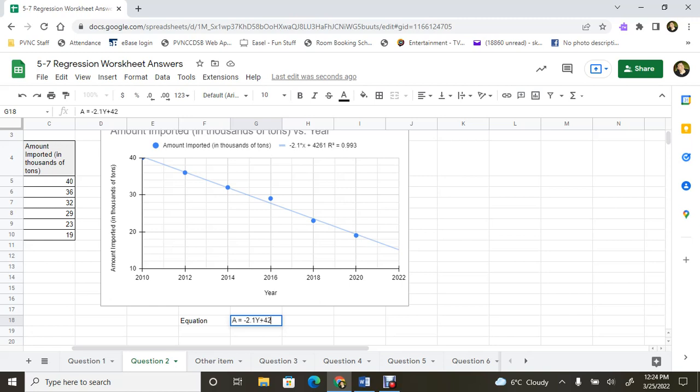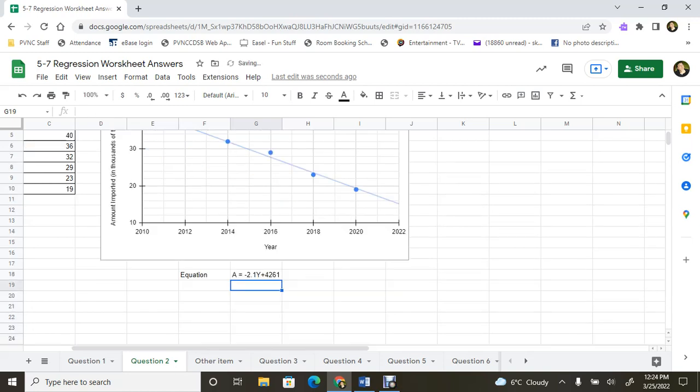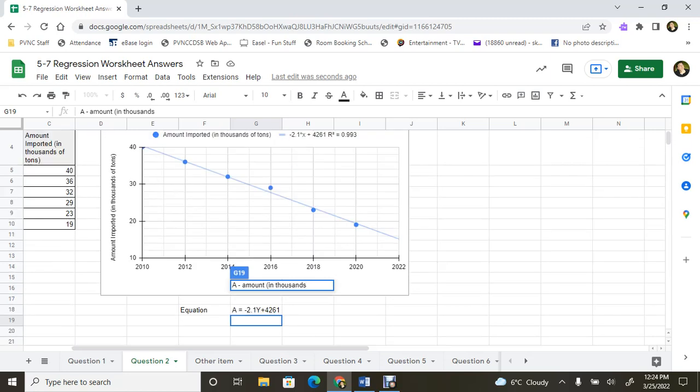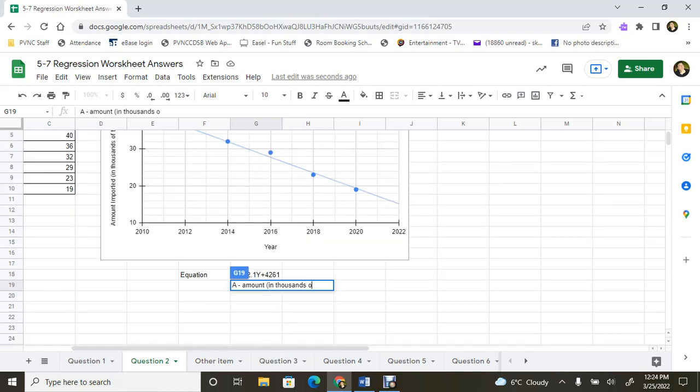And I'm going to tell the person what that is. A is the amount in thousands. Thousands of what? Thousands of tons. And Y is the year.